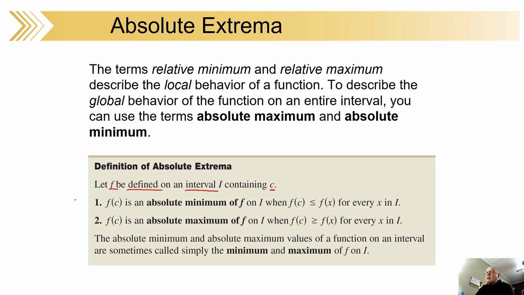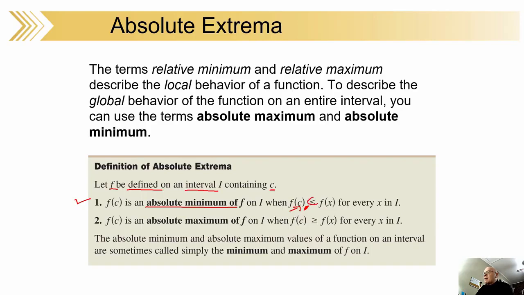First of all, we've got an absolute minimum at the value c if this c value, when you put it in the function, is smaller than all the rest of the function values in that interval.